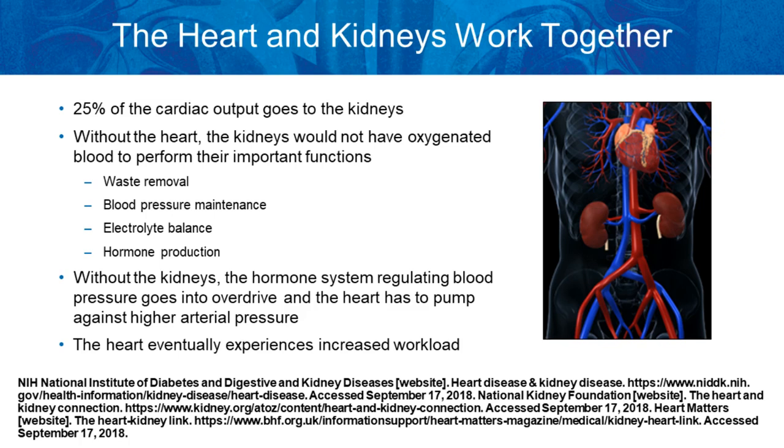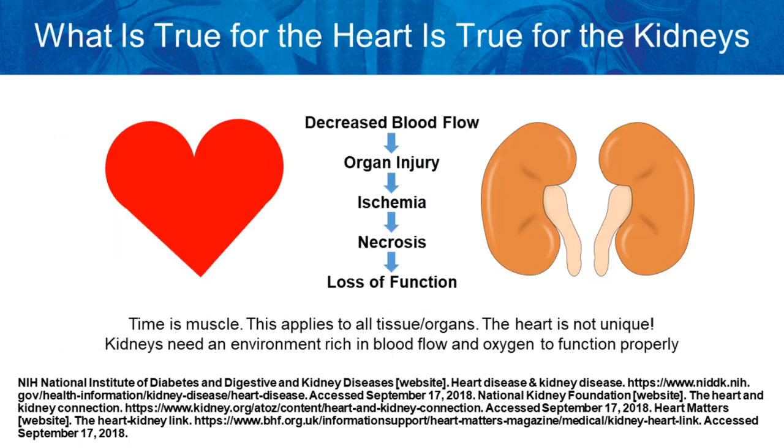When the kidneys begin to fail, there's upregulation of a series of hormonal systems, primarily the renin-angiotensin-aldosterone system, that results in increased vascular tone and increased afterload for the heart. And what is true for the heart is true for the kidneys. When there is decreased blood flow to the kidneys and they become injured, there is loss of function, and ultimately injury that is long-lasting to the kidneys.